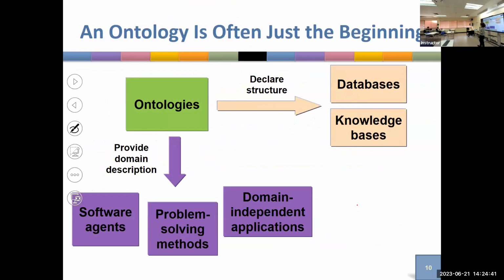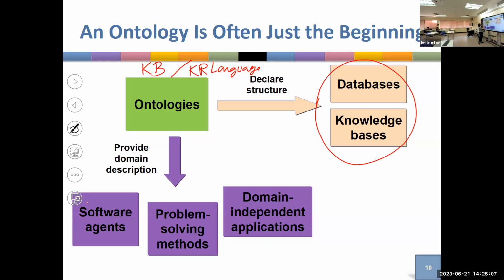How can we use ontology? Actually, it's a kind of knowledge base. It's a knowledge representation language. So you can use it for knowledge base and database applications. This can be a foundation for the knowledge layer and database layer.